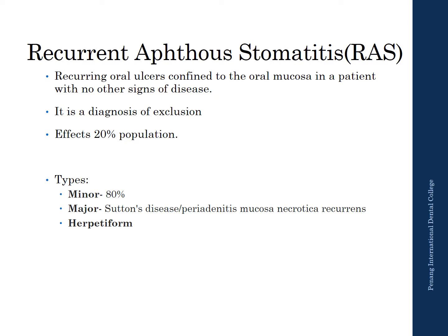Aphthous ulcers affect 20% of the population, which is a very big number. They are clinically classified into three types: minor, major, and herpetiform. Minor ulcers form 80% of the clinical ulcers that are seen. Major ulcers are also called Sutton's disease or periadenitis mucosa necrotica recurrens.